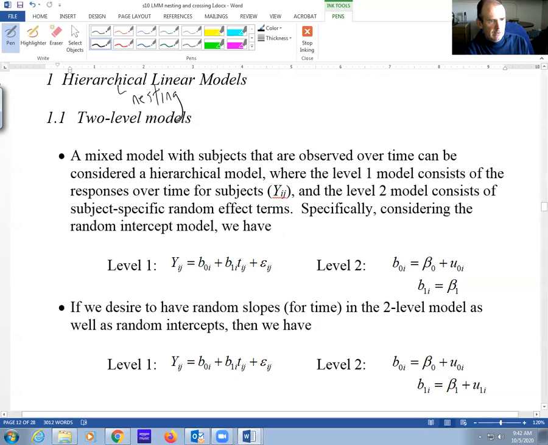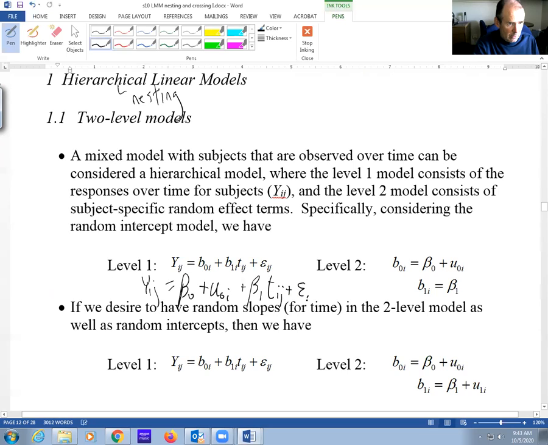So if you have this first situation, the way we'd normally write it would be Yij, so subject i, time j, is usually how we think about it. And we'd have beta naught plus U0i, and then we'd have beta 1 Tij.